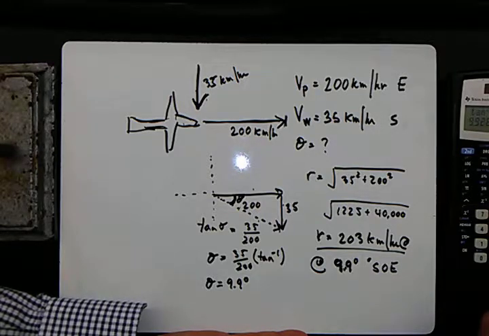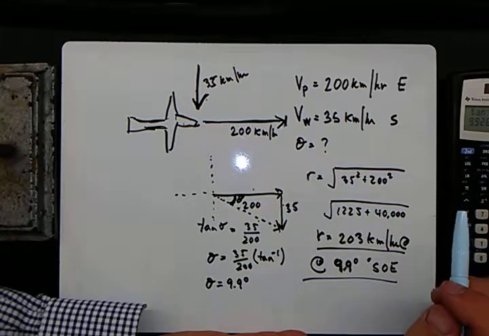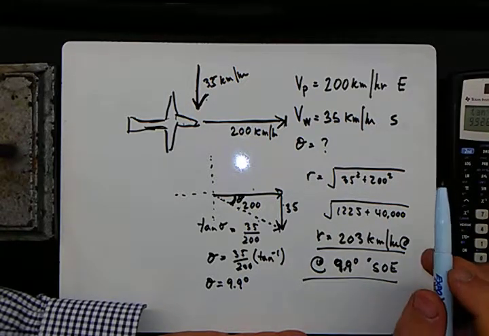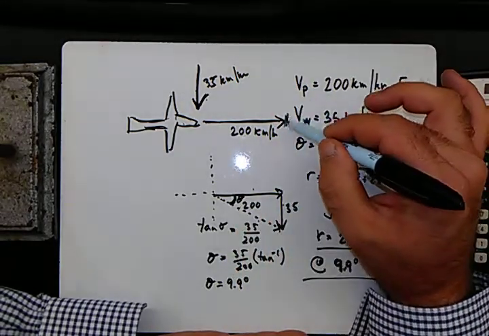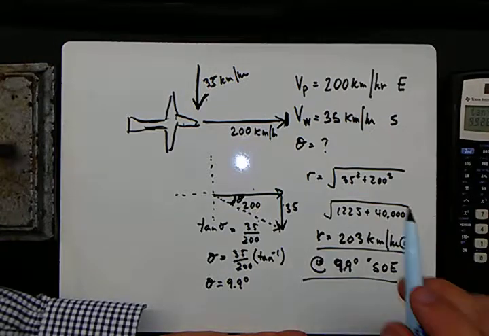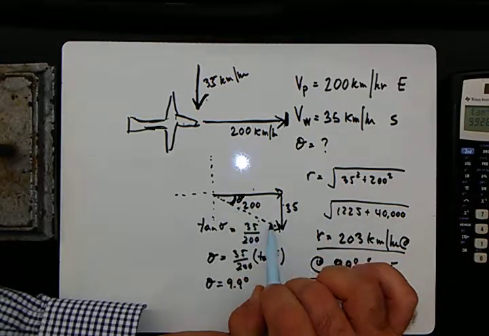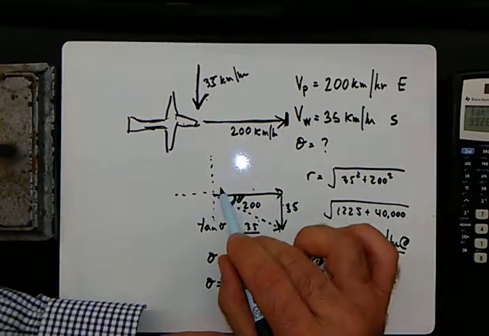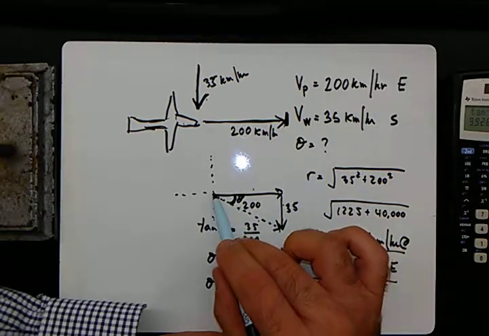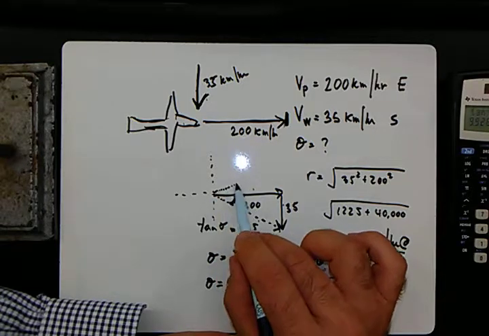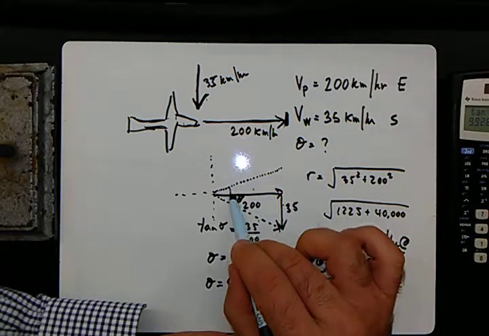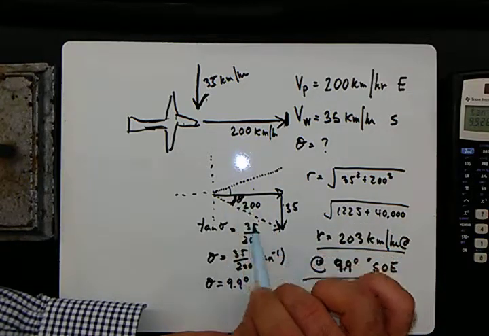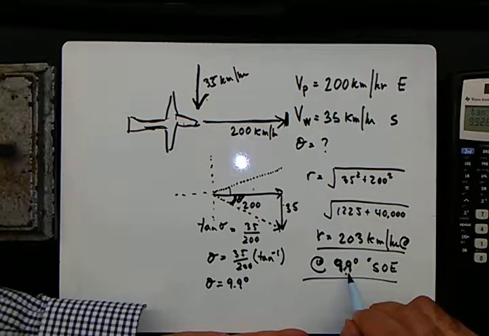Now, the question isn't over, because I asked what direction the plane must be heading in order to end up directly straight across the country, or whatever the destination is. If the plane heads straight, it's going to be pushed off at this angle, so it's going to have to adjust its bearing. It's going to have to push itself this way, at the opposite angle from the one it would have gone at if it headed straight.